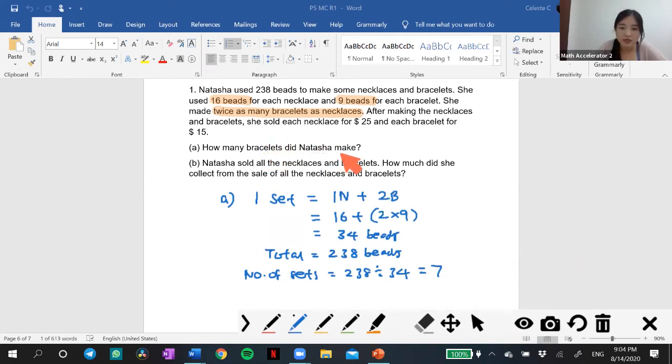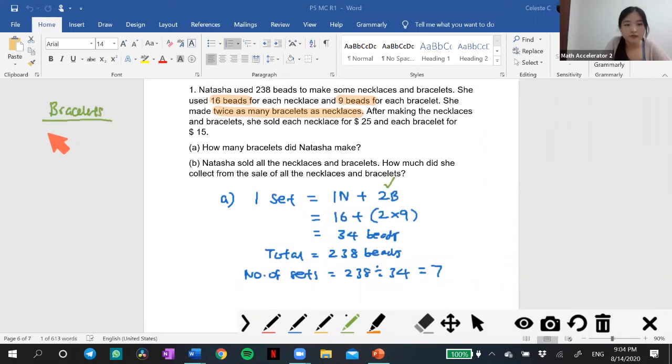How many bracelets did Natasha make? So you have to answer the question here. Look at in one set, how many bracelets do you have? 2. Okay, so looking at bracelets, let's do a bit of working here.